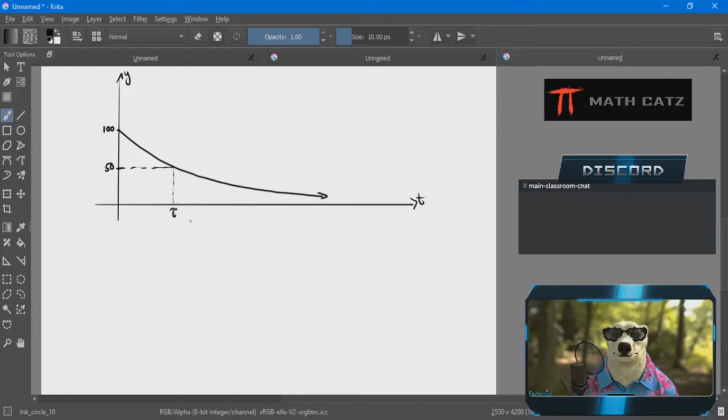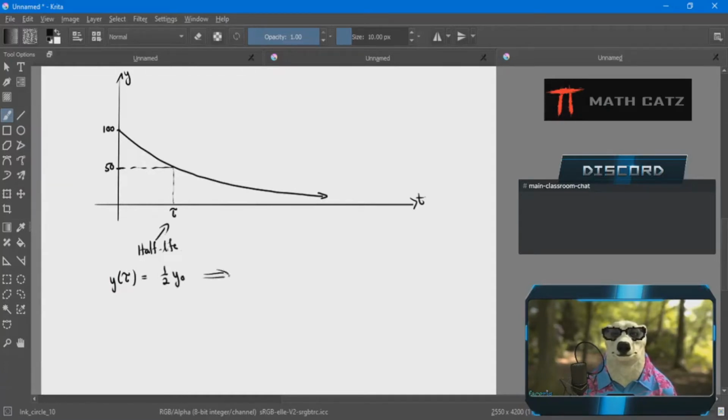I'll call it tau, and we'll call that the half-life. So this tau is the amount of time it takes for me to get half of my original amount.